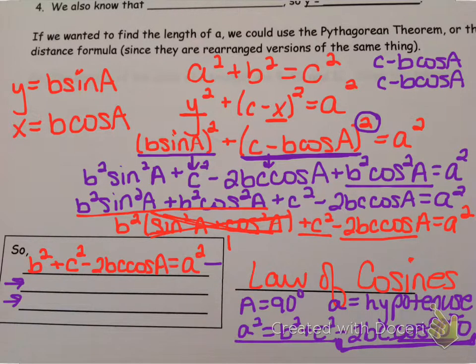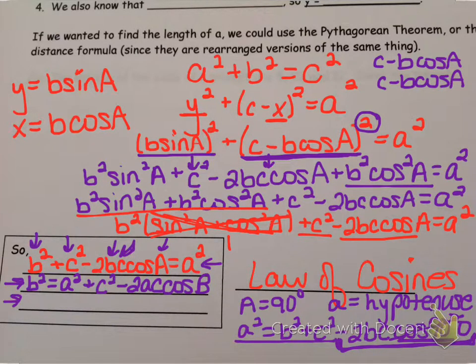When you're looking for side A, then you need side B to use here, and you need side C to use here, and you need angle A. So if I was looking for side B, then I would need to know what side A is. I would need to know what side C is, so that I could do a squared plus c squared minus 2ac. And then if I'm looking for side B, the angle I would need to know would be angle B.